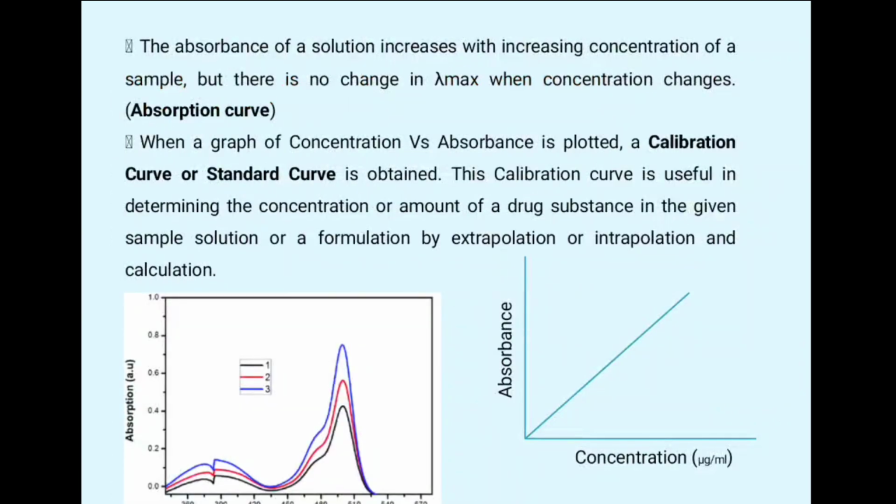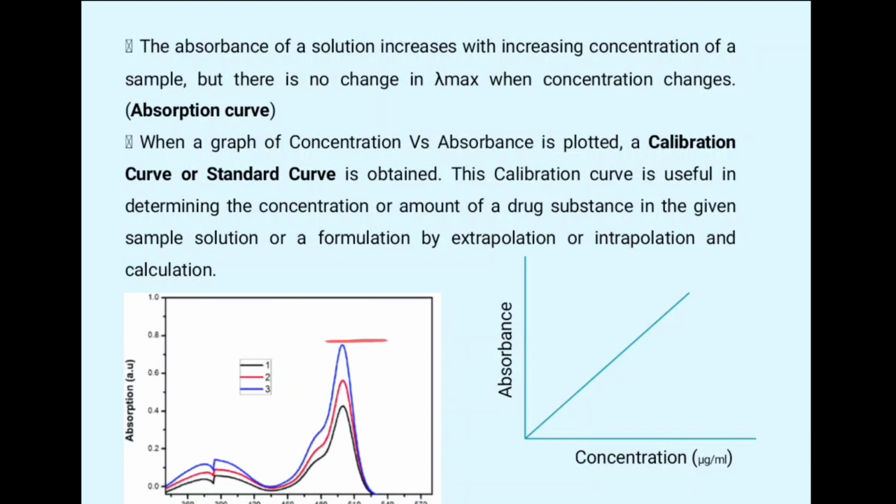You can see here in the diagram how it is not affected by the concentration of a substance. Here, the absorbance of solution increases with increasing concentration of a substance, but the lambda max doesn't change when concentration changes. This is called the absorption curve.